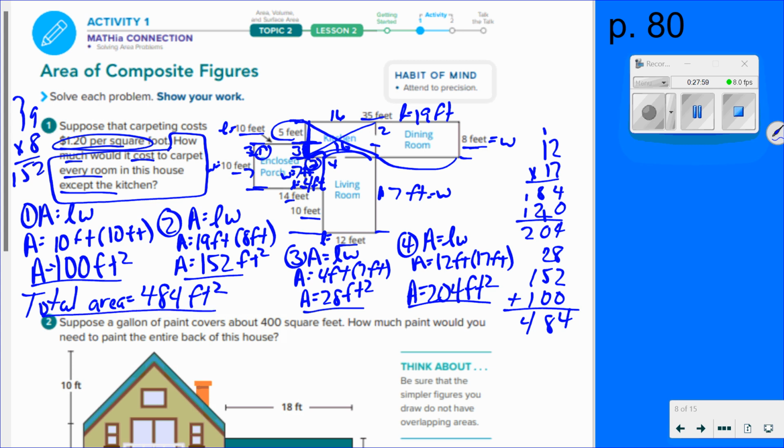Well, wait, what about the 1,000? I had 2 people in the entire room get it. Oh, I did. Let's try this again. How many got 484 square feet? Raise your hand high enough that I can see it. 1, 2, 3 of you?